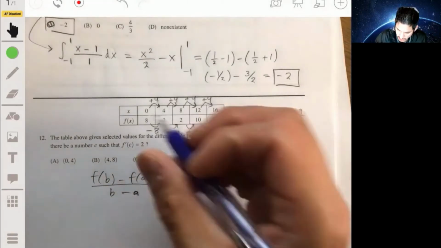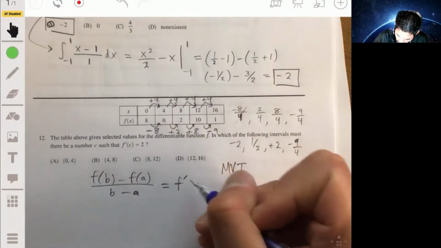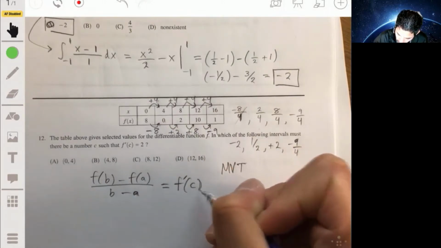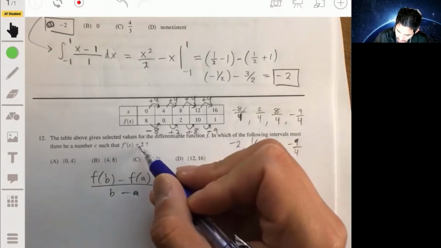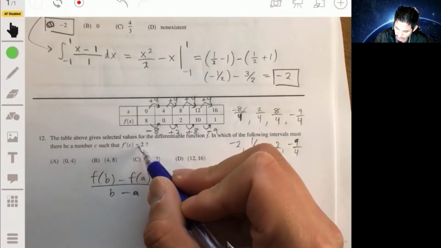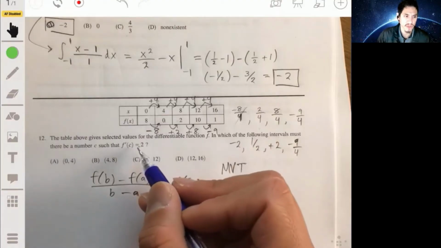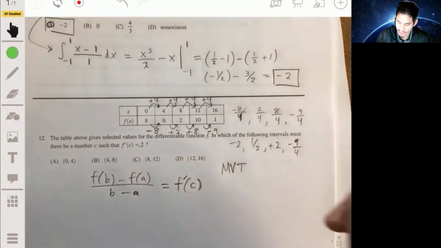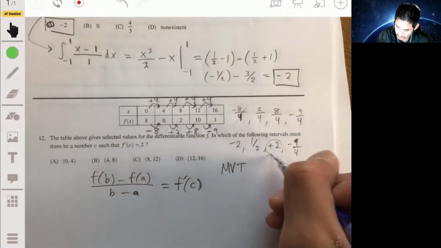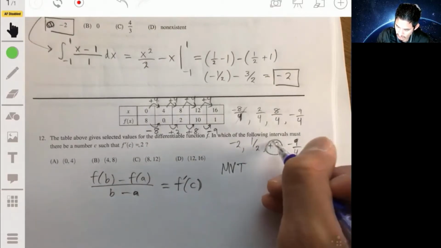So in this case, you're looking at f prime of c, and it's saying, where is f prime of c equal to 2? And you just look to see where it changes by at least 2.